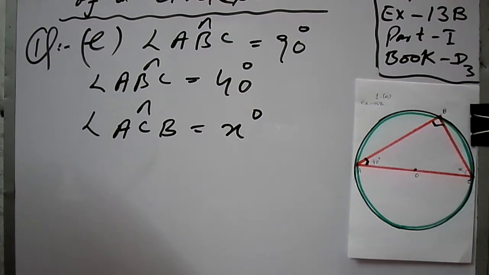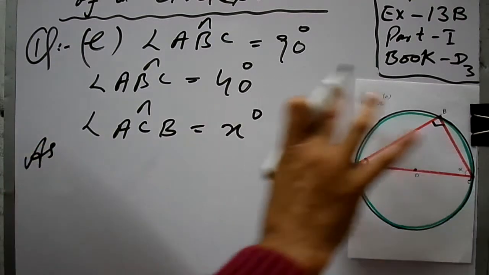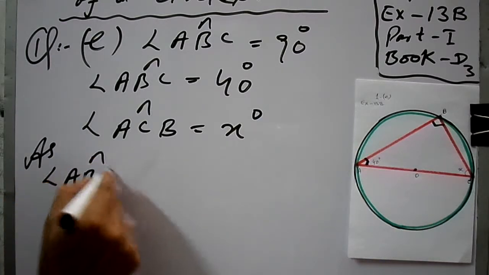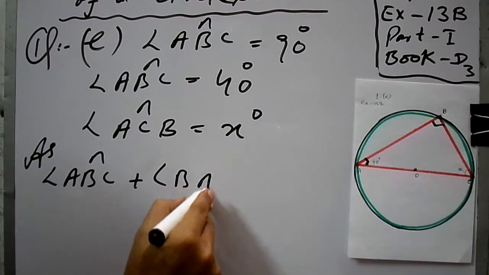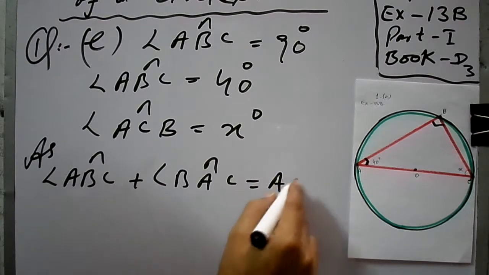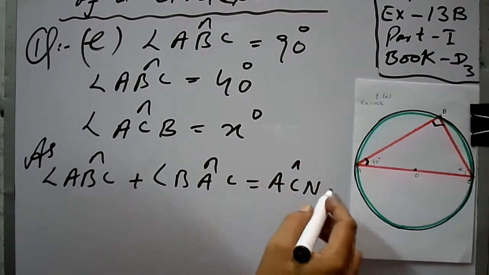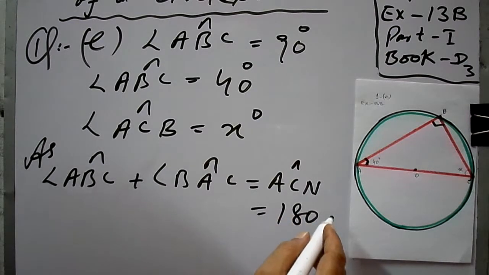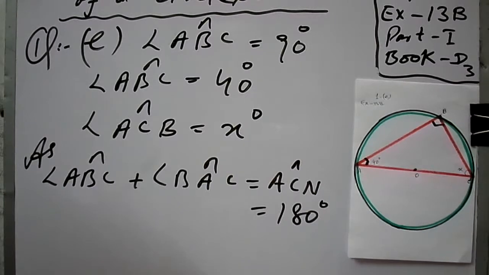It should be noted that by close observation of the diagram, we can see that angle ABC, that is angle B, plus angle BAC, plus angle ACB must be equal to 180 degrees.